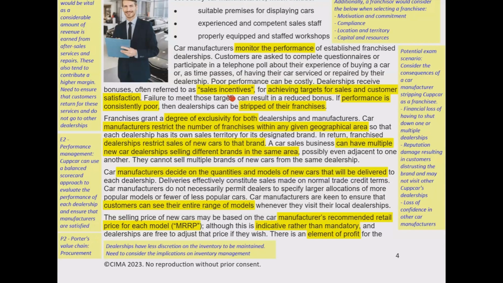Okay, another point for you that I'm just thinking about, not written here, so make a note really: F2 and revenue recognition. When should a dealer recognize these sales incentives? What I'm thinking about here is there's a risk of incorrect accounting, if a dealer starts to recognize a bonus they hope they're going to receive when they haven't yet hit the targets that make it probable they're actually going to receive it.